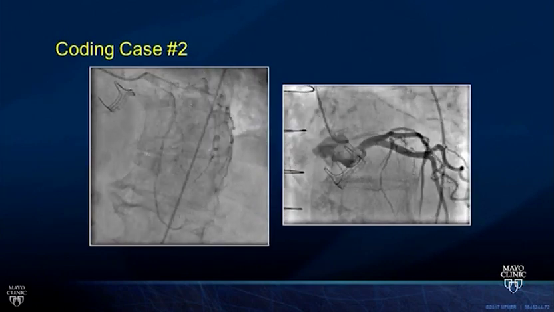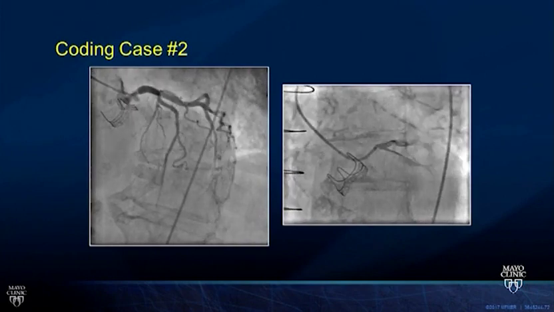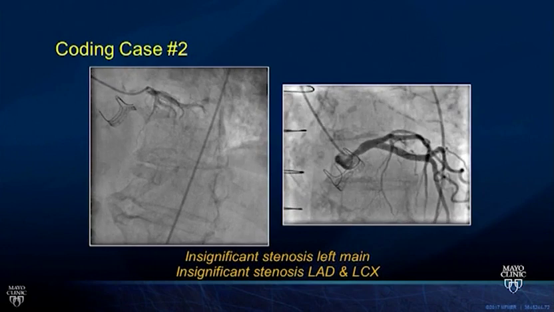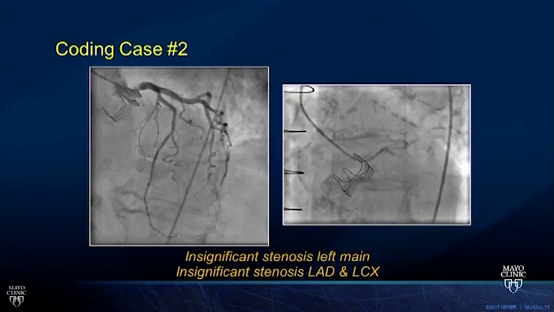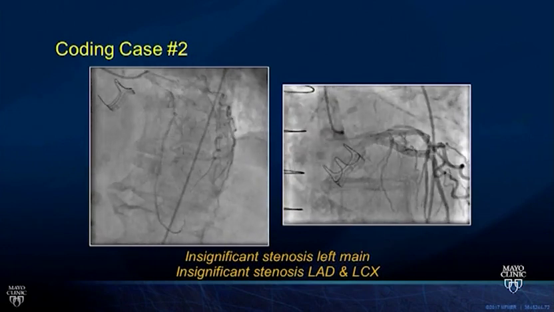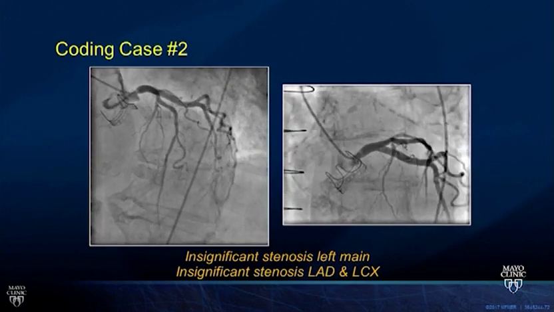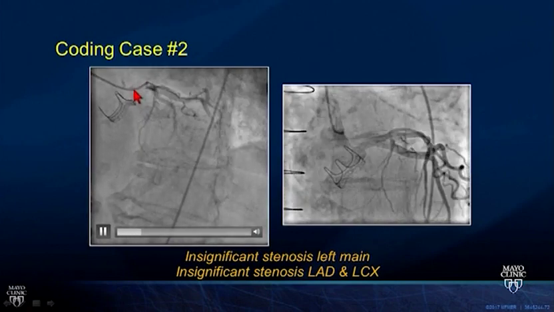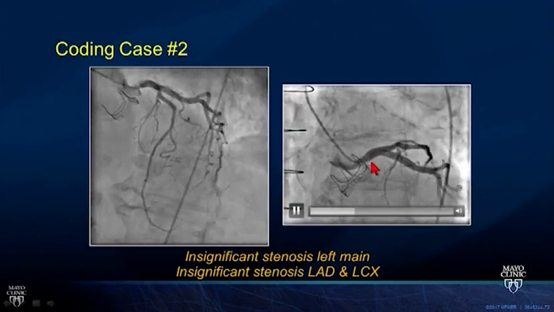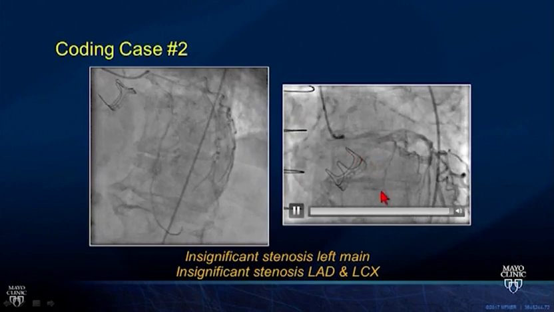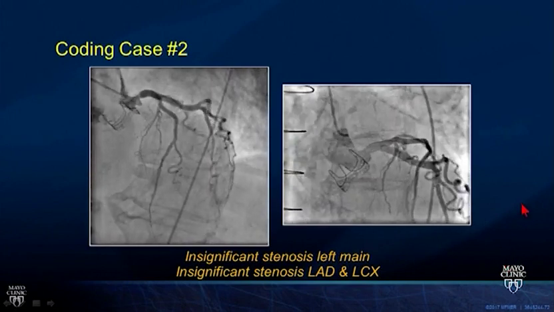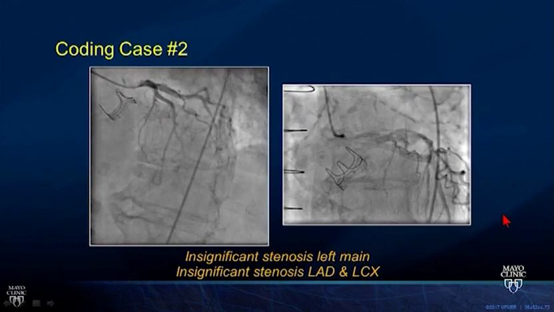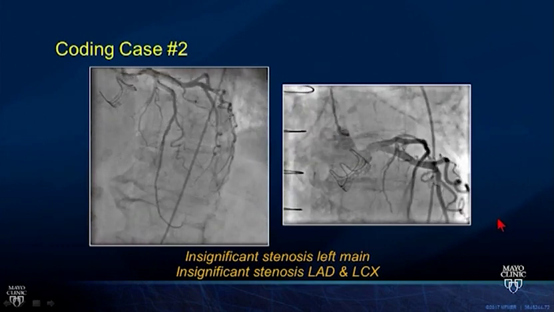We're only coding the coronaries on these coding sheets. Good. All right. So I had interpreted this as an insignificant stenosis in the left main. You can see that there's a little bit of ostial disease in the left main that's a little bit hazy in this LAO view, but here's a zoomed up picture, and you pull back the catheter, and there's plenty of blowback there. So I didn't even think that it was 50%. And then there's also insignificant disease in the LAD and the left circumflex.